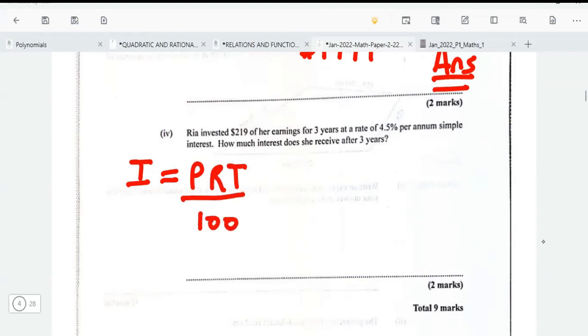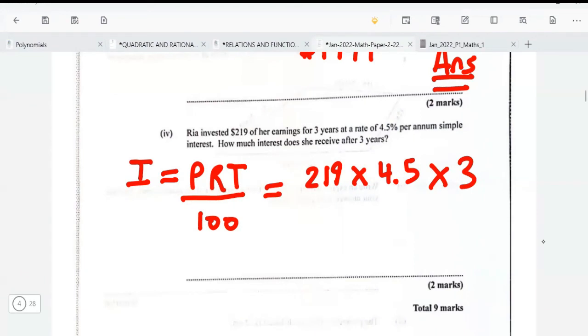So the principal is how much did she invest? 219 multiplied by the rate, 4.5, multiplied by how long did she invest for? 3 years. Over 100.